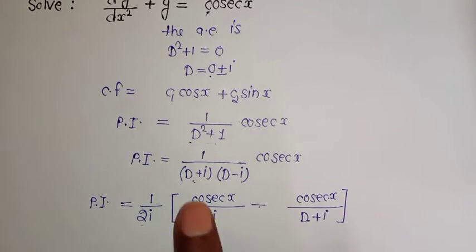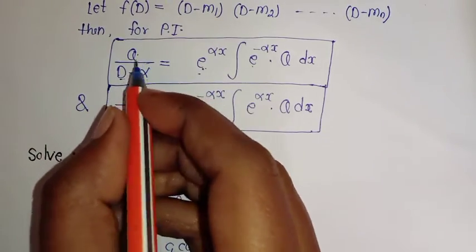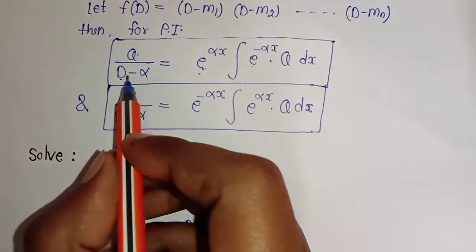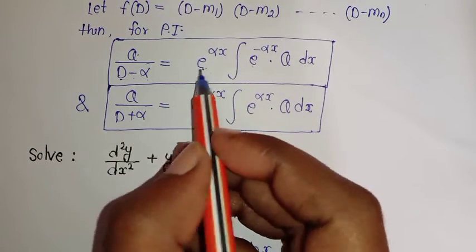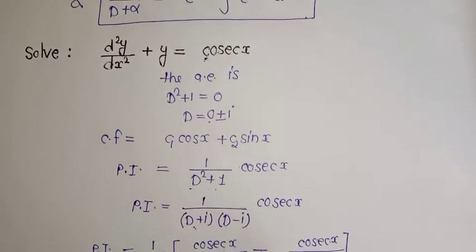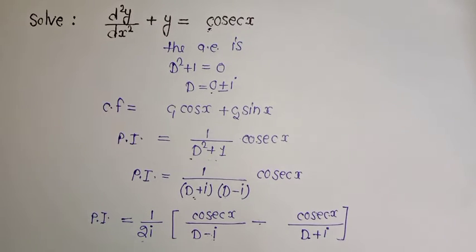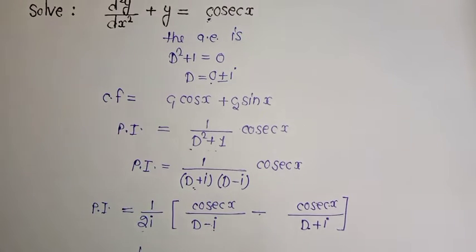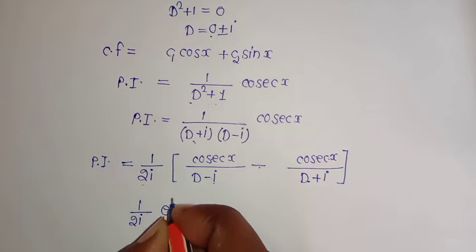Now our function got reduced into this form where our Q is cosec x and alpha is i. So we can apply this method. Now you can see when negative is present here, then we have to take the positive exponential term outside, and our alpha is i here. So I am going to apply that method. So it becomes 1 by 2i e raised to power ix.